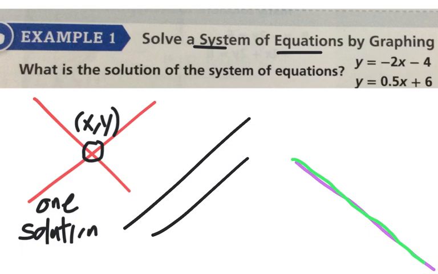Okay, what about the second case? What if they were parallel? Where do those lines cross? They don't. So this is the case where we would say there is no solution.